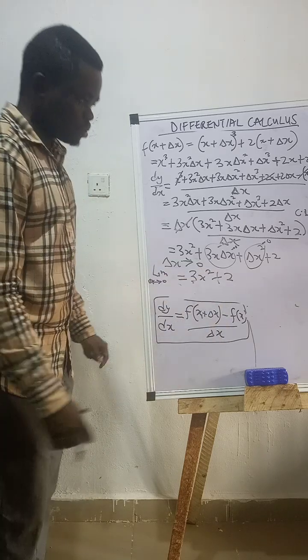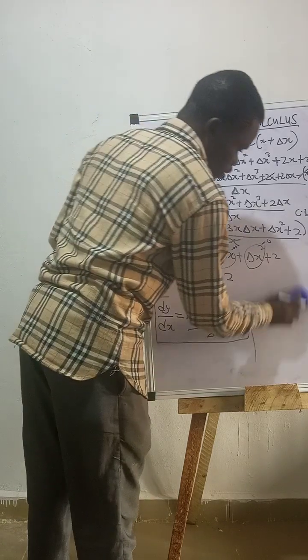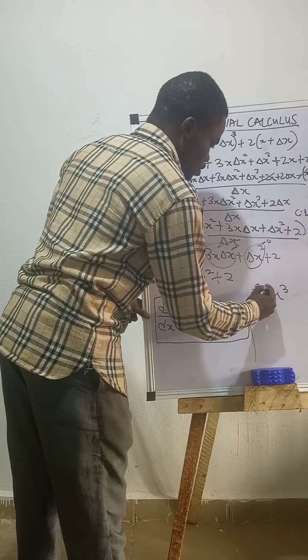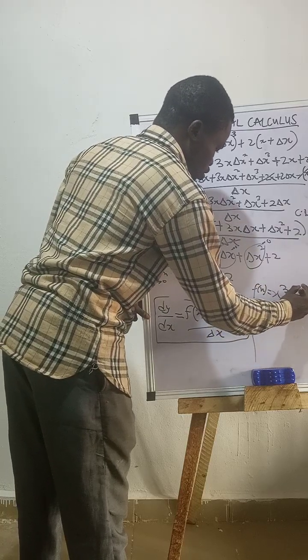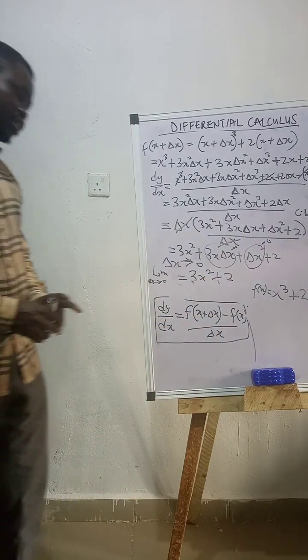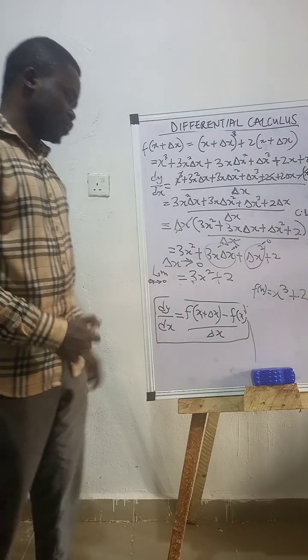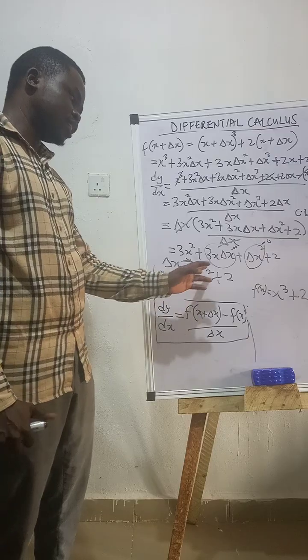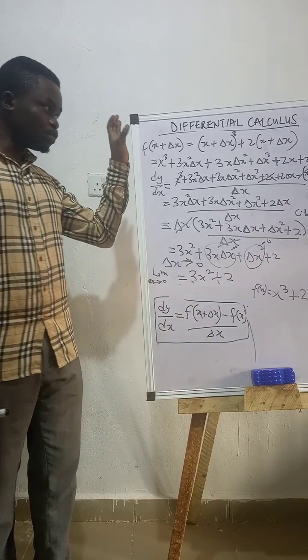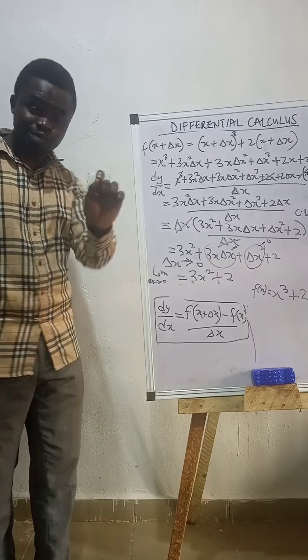Remember our question was x raised to power 3 plus 2x. We were to find the gradient, or the differential of it. And you see, it naturally gave us 3x² plus 2. This is differentiation from first principles.